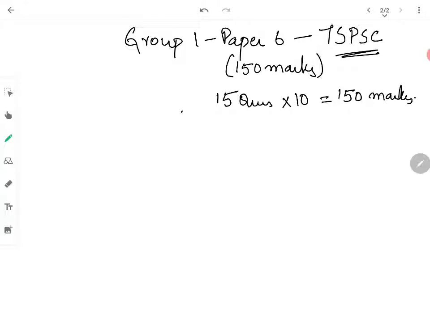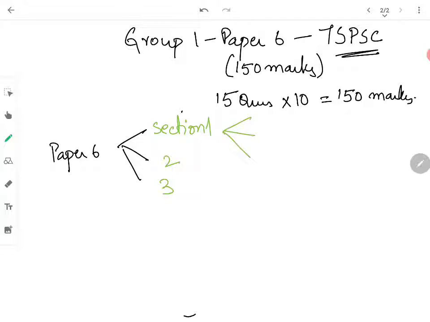So paper 6 can be divided into three different sections: Section 1, 2 and 3, and each section can be divided into 5 different topics or chapters.